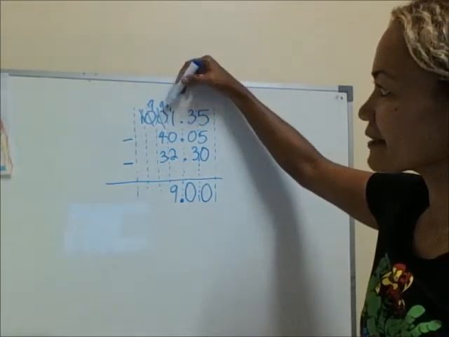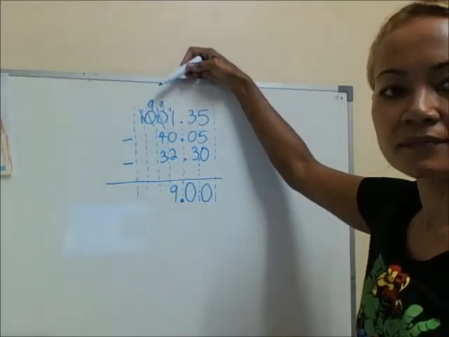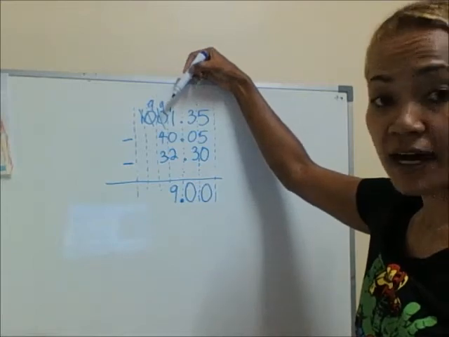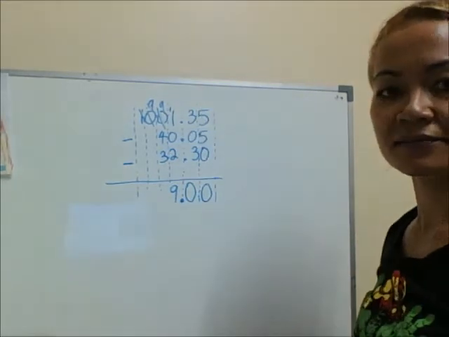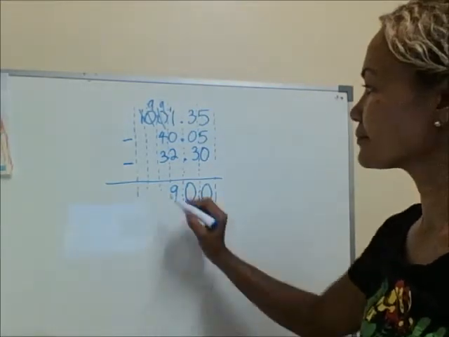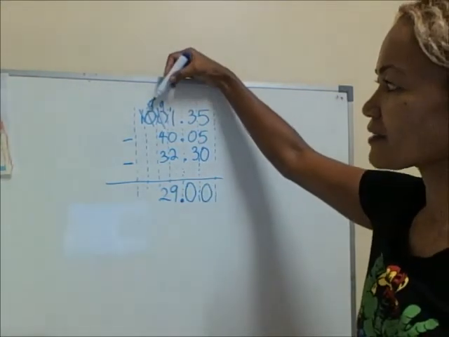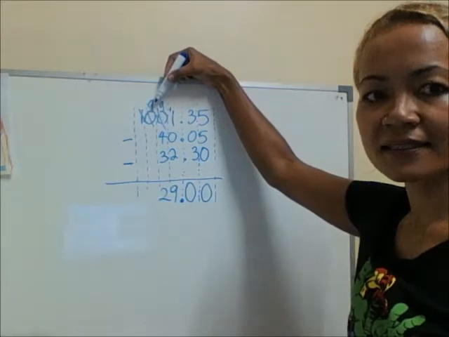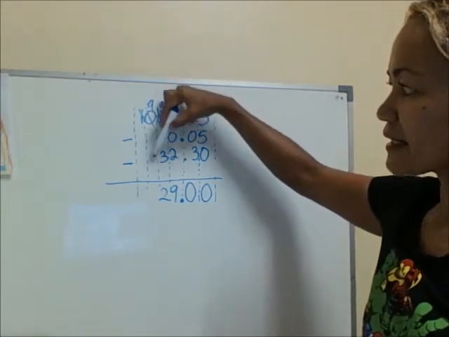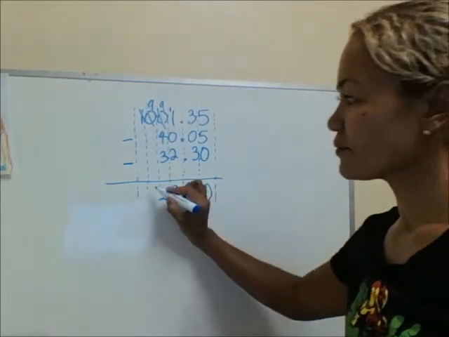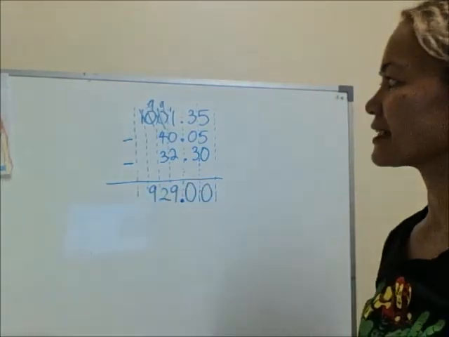Next column, 9 minus 4, that gives you 5. Then minus 3, that gives you 2. Last column, 9 minus 0, left with 9.